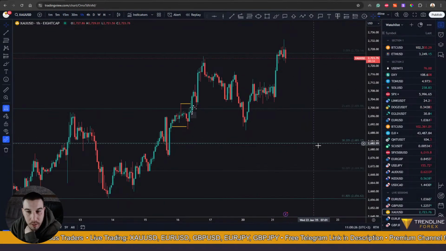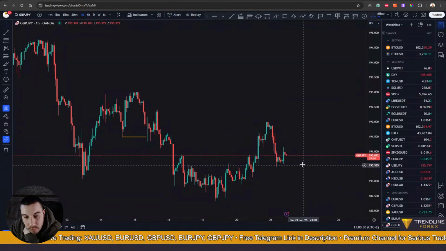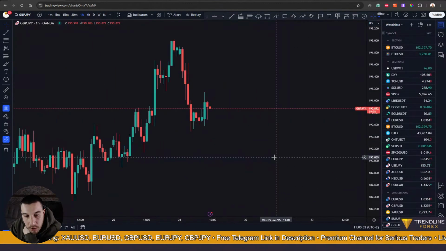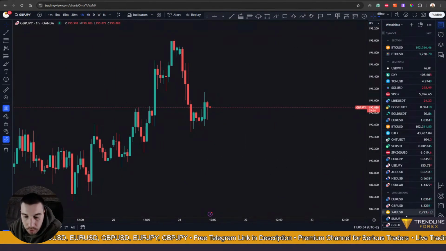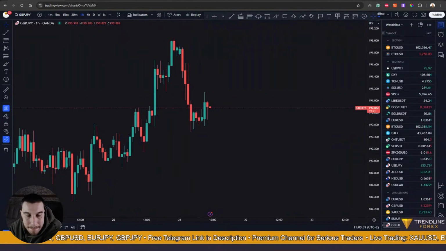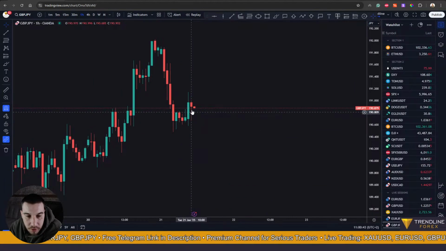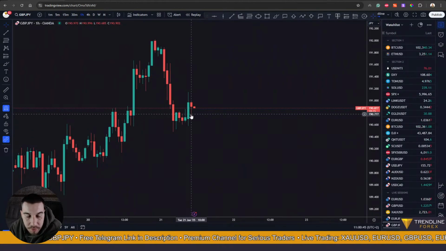Let's see the 1-hour candles. Yeah, not quite a bullish candle here on pound yen, and on euro yen, but it looks like we didn't have enough strength to push below this previous 1-hour candle.